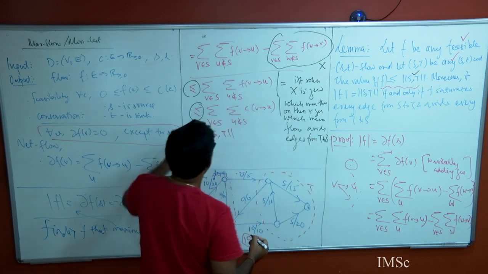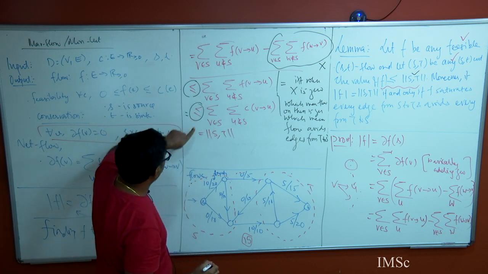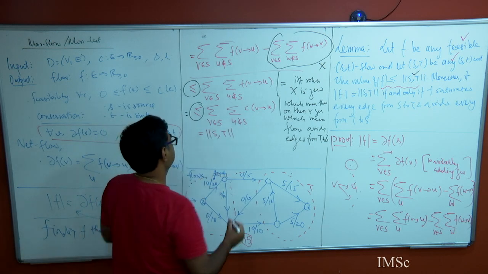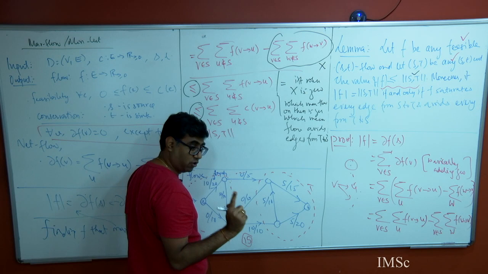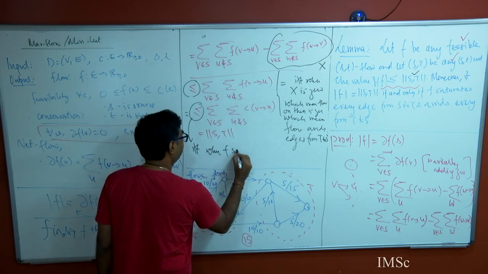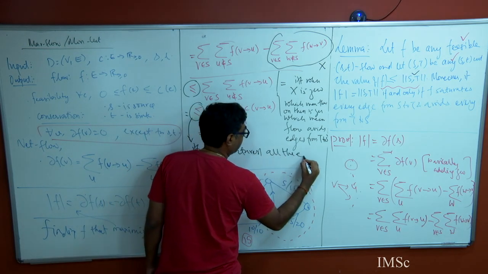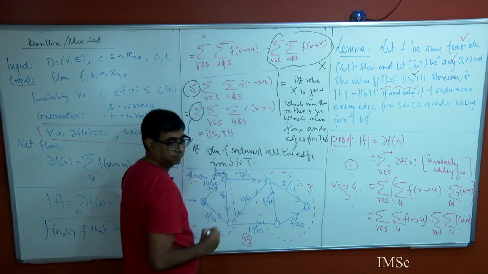Excellent. Now when will this hold with equality? This holds with equality when this flow is equal to capacity, which means this holds if and only if, because all these are again positive quantities, if and only if F saturates all the edges from S to T. That's it.